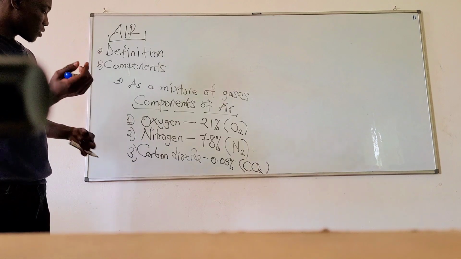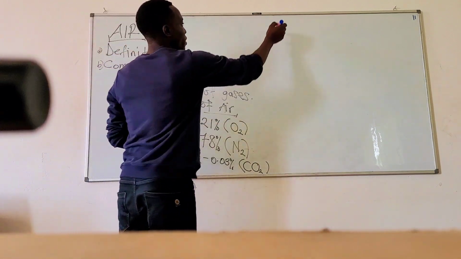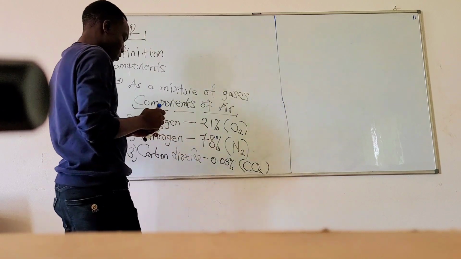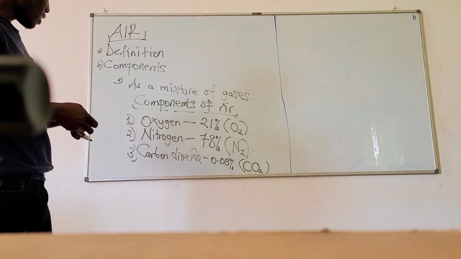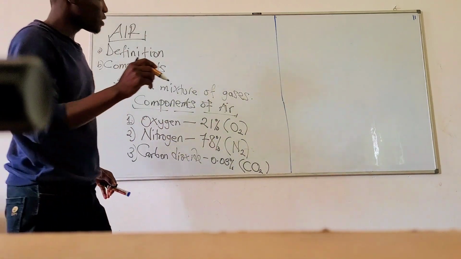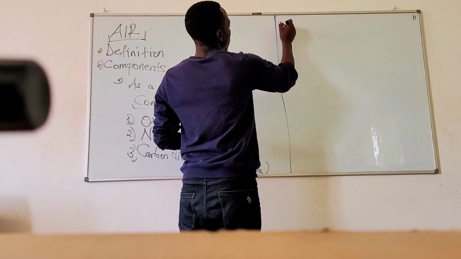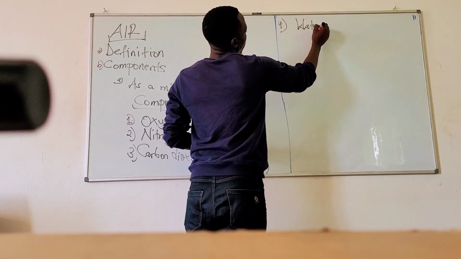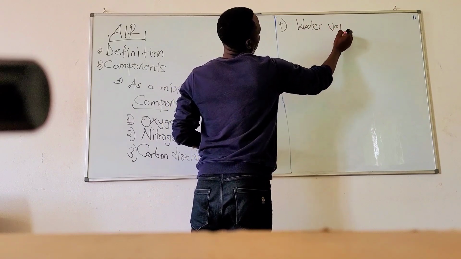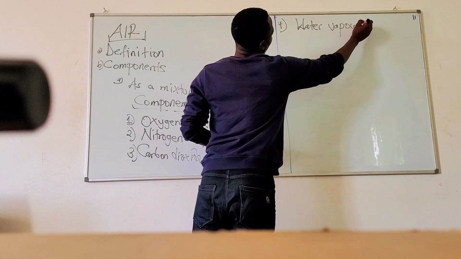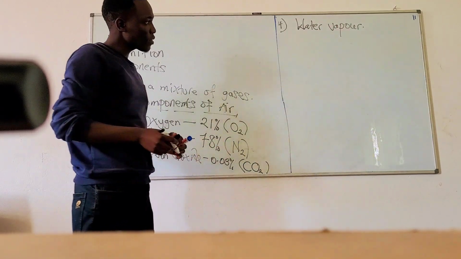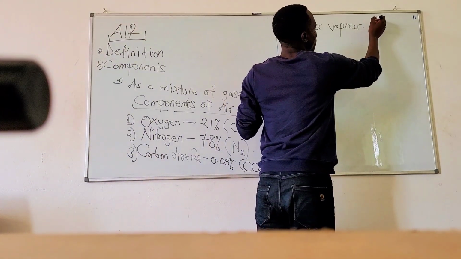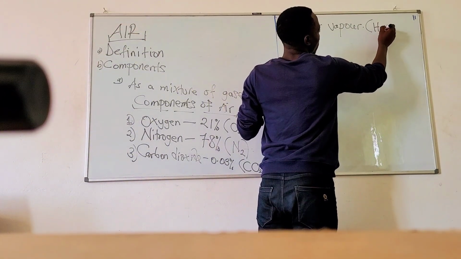When we leave that, we continue with some other components of air. Let's look at water vapor as a component of air. Water vapor, of course, the formula is simply H2O, water.